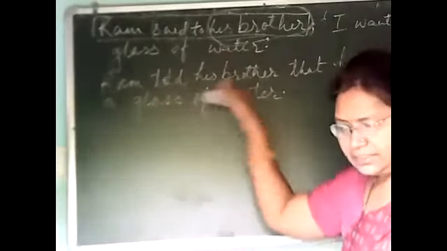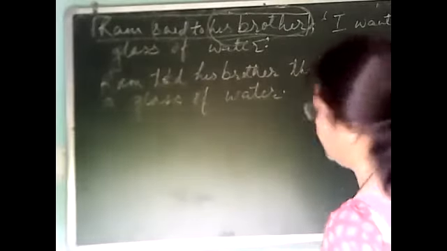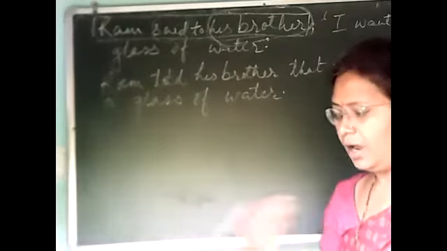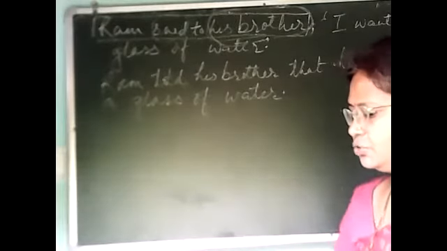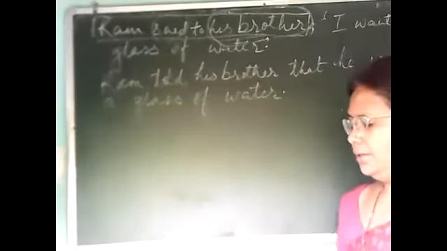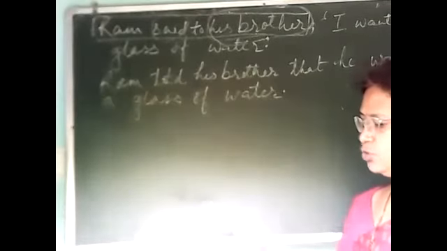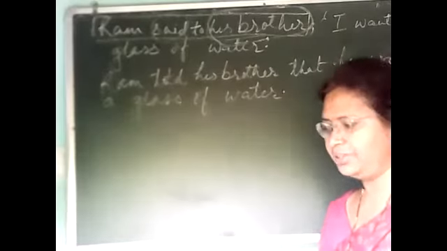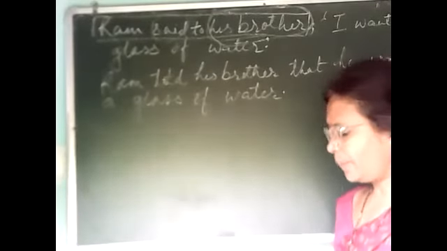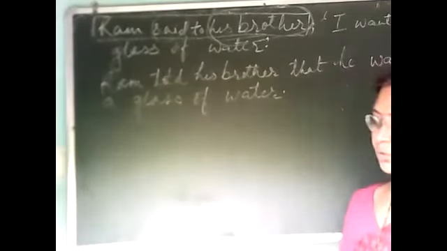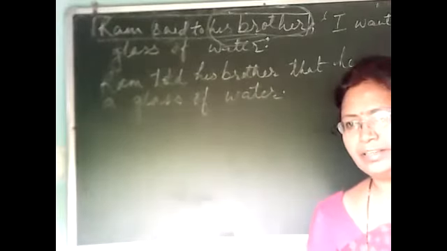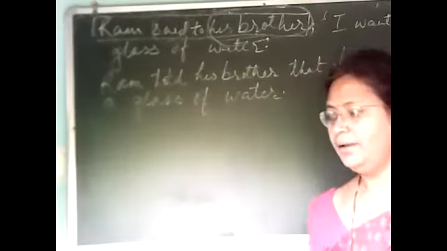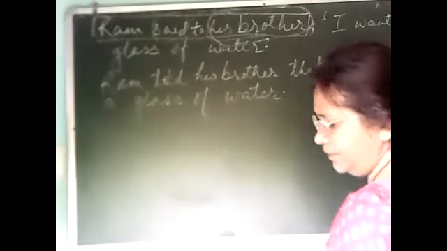But in the next sentence, we changed it. Suppose three students are there, and two students are talking to each other. The first student said, "I want a glass of water," and now the second student is telling the same thing to the third student. So he will be narrating in this way.